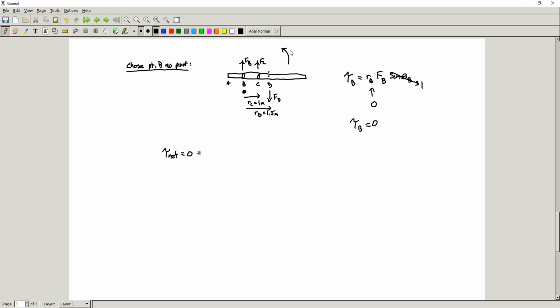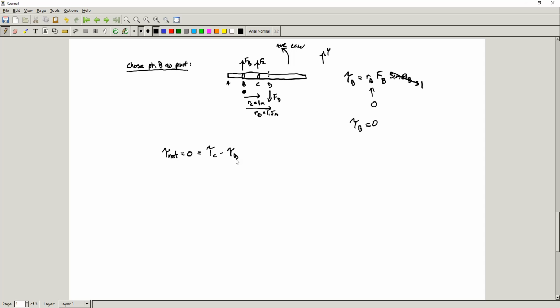And this is our positive torque direction, counterclockwise, and we're thinking of this as positive y, right? So let's add up the torques that we have here. We've already discussed why there is no torque from B, because that's our pivot. And so we end up with tau C minus tau D, right? And think about that for a second.